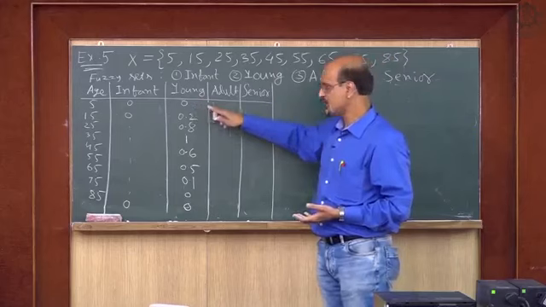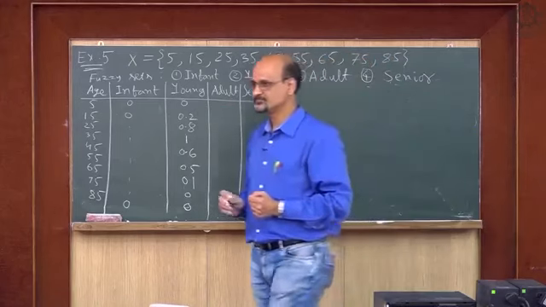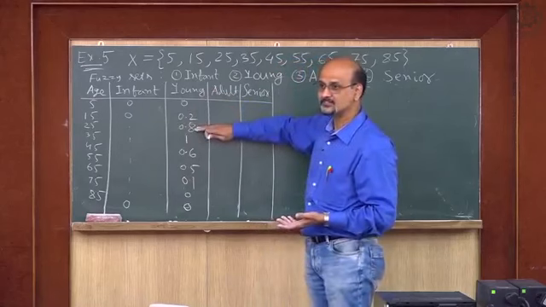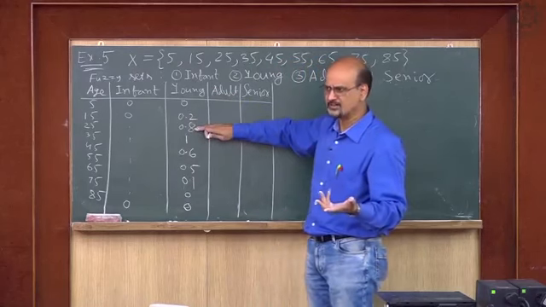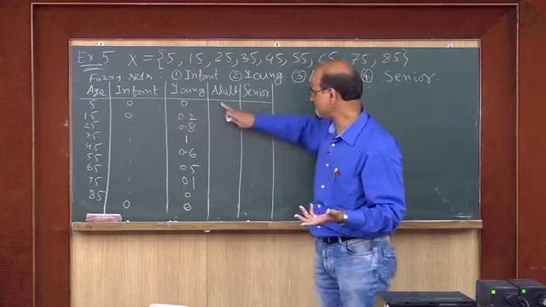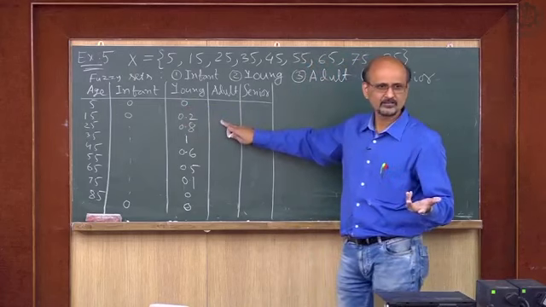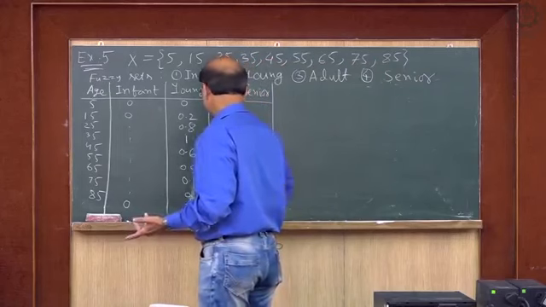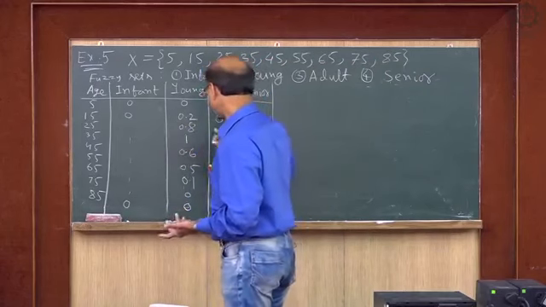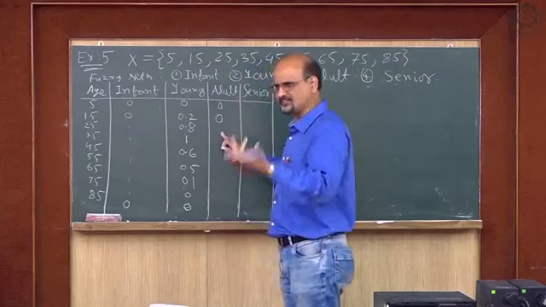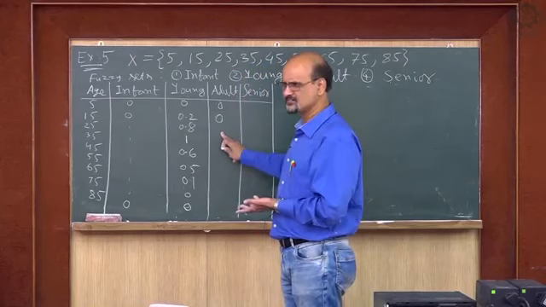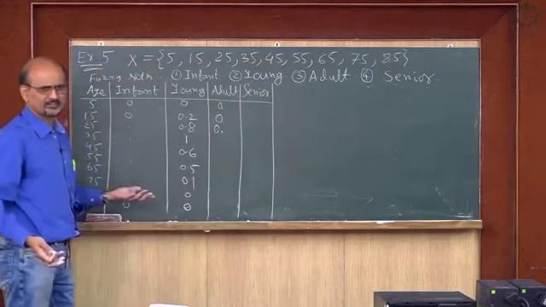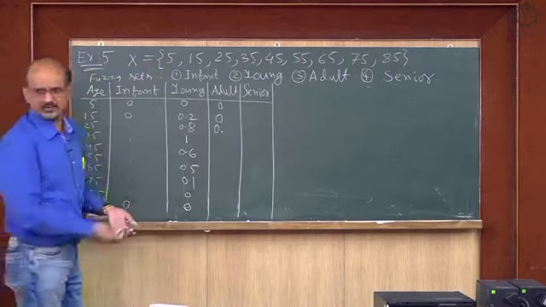Come to the adult. You have adult movies, so after what age? At least 18. So for adult, 5 and 15 should be 0. Again 25, you can take that as adult, so I can have 0.8, or 0.9 also.